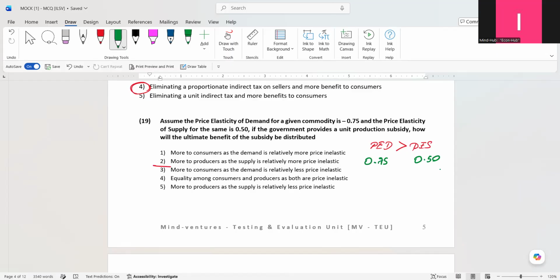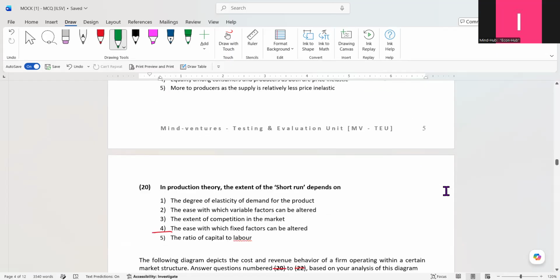Both are inelastic, but if you compare, supply is more inelastic. Whoever is more inelastic will get more of the subsidy benefit, and more of the tax burden. Tax, burden; subsidy, benefit. Correct answer number 2.